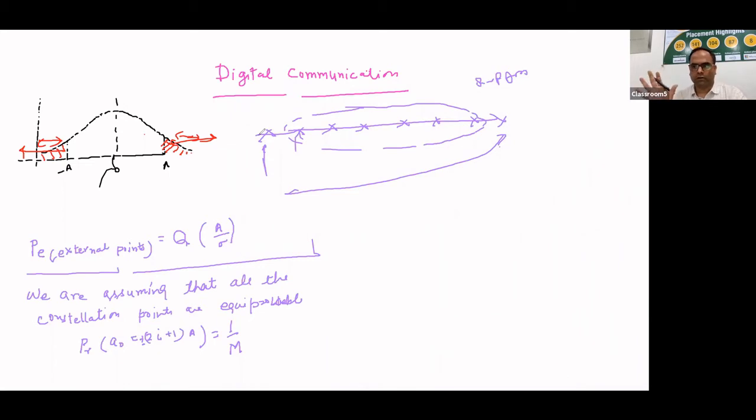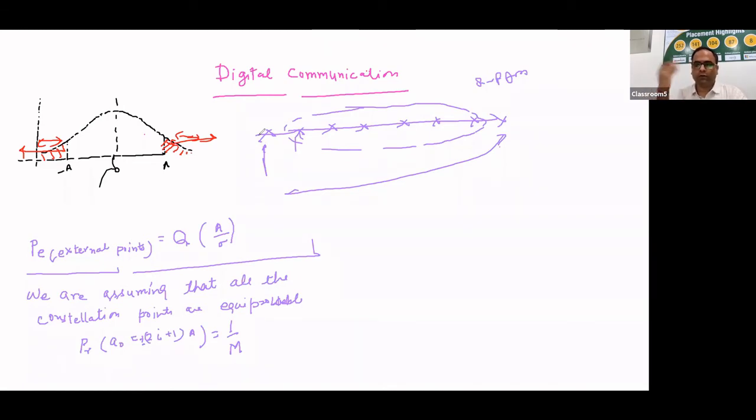Total, we are having 8 constellation points. So what I mean to say is that the probability that our pulse is having amplitude A or 3A or 5A can be equal to 1 upon 8, right?